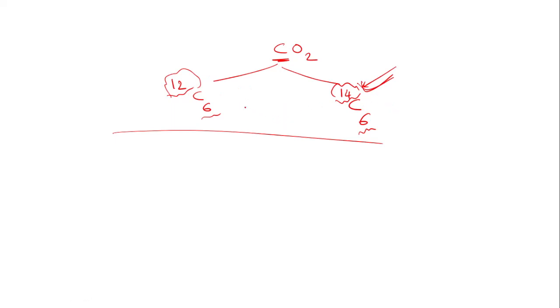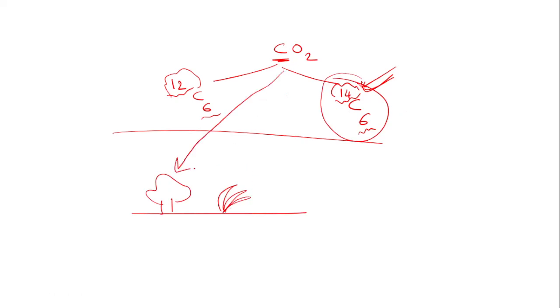So, within the atmosphere, carbon is present in the form of carbon dioxide, and some carbon dioxide is actually radioactive carbon dioxide. We know that plants as well as grasses consume CO2 from the air during the photosynthesis process and produce food. Let's say this plant has produced one fruit, or this grass has developed some grains.